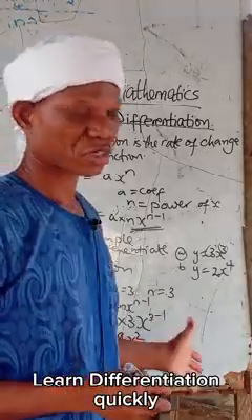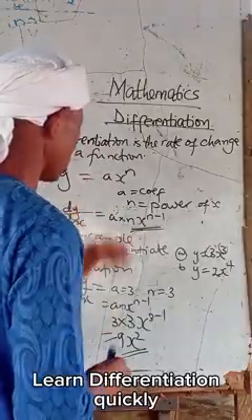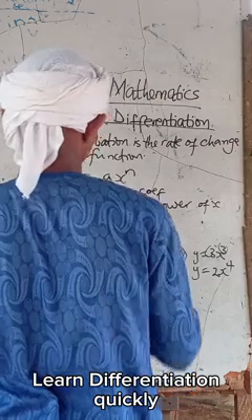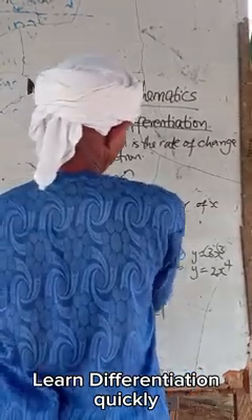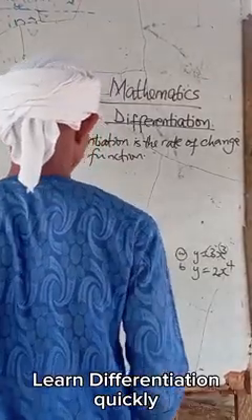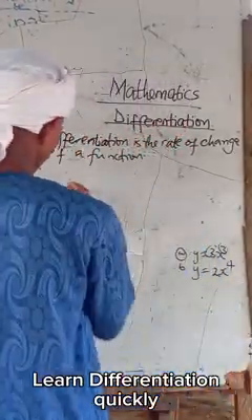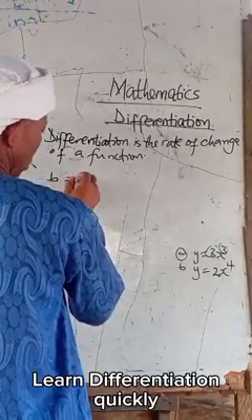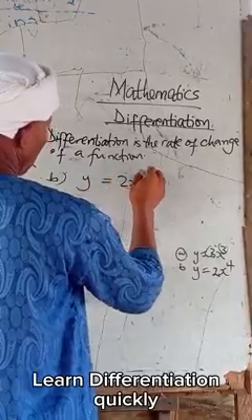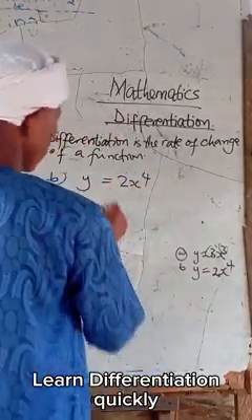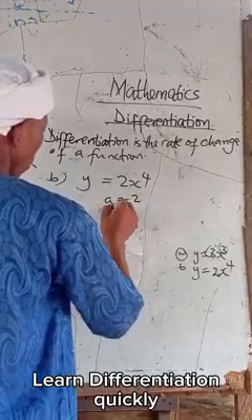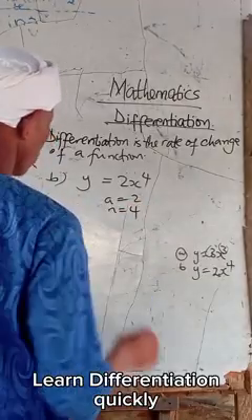So I hope you understand this. Now let's look at the second question. So the b says y equals 2x raised to the power 4. Also here our a is equal to 2, while our n equals 4.